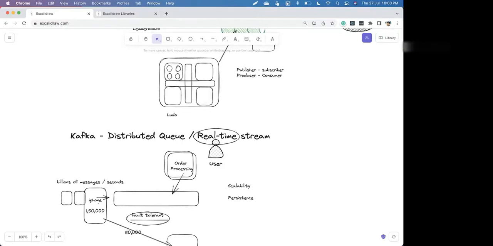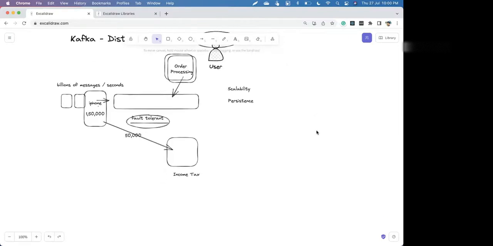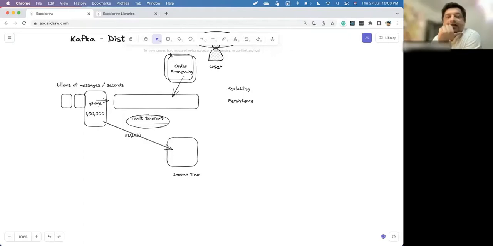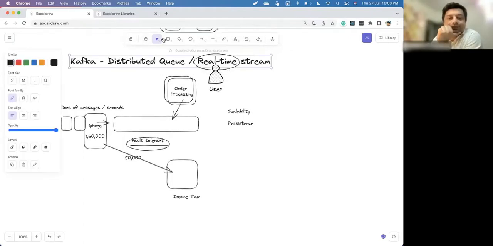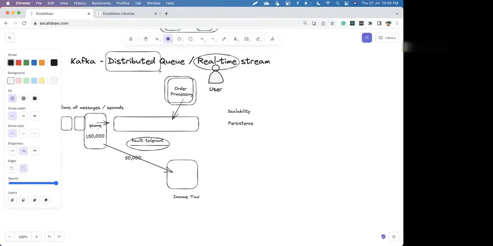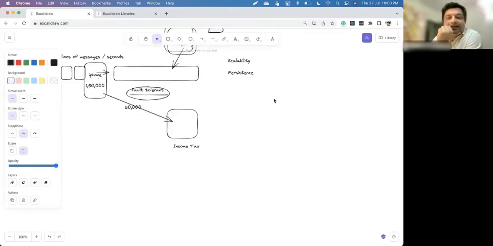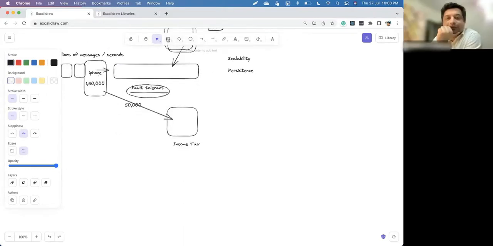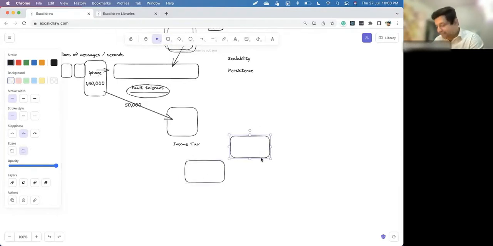Also, I had a doubt in message queue. If the server restarts or shuts down suddenly, then we lose all messages, right? Yes, this is a distributed queue. So basically what actually happens in Kafka is not a single server. This is multiple servers. That's why it's possible.